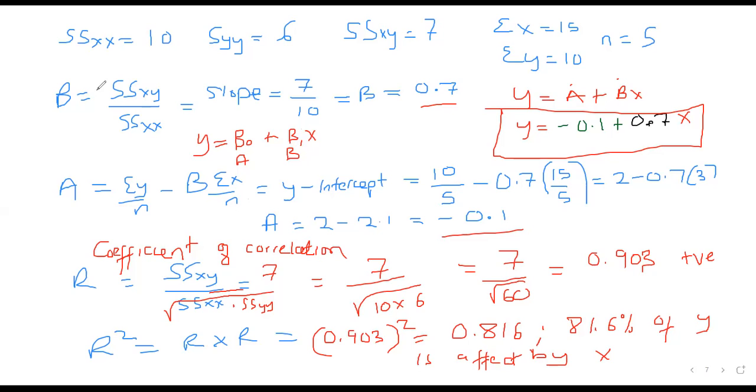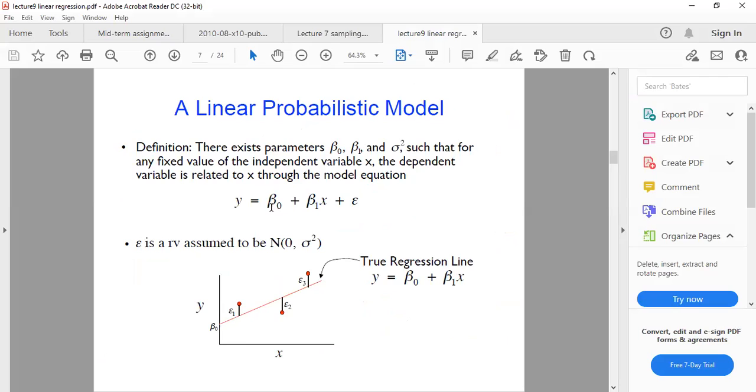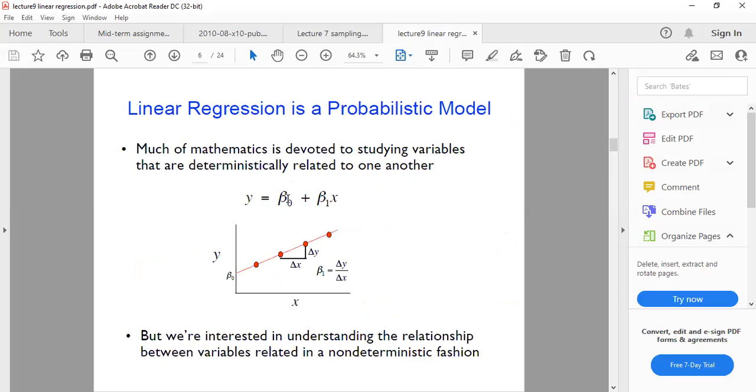Okay, so I'll say the regression equation is given by y equals A plus bx. Our A is the y-intercept. Some books will not use A; they use B0, which is the y-intercept, and B1 is what we call our B. So it's the same thing.